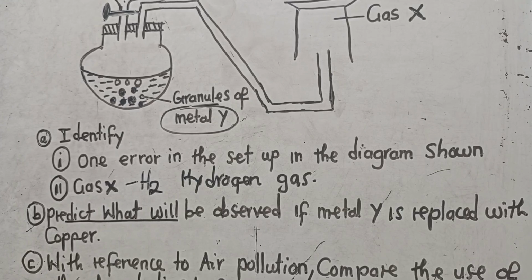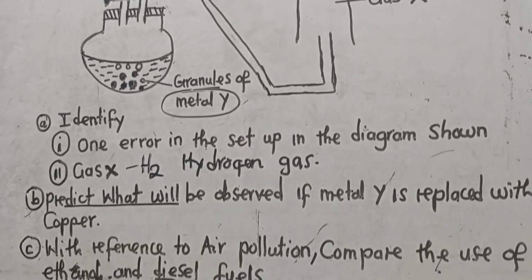Some people make a mistake and say that there will be no reaction or no change. A change will be there and a reaction will be there, just that no bubbles will be formed. So don't say that there will be no reaction. They can't mark you.